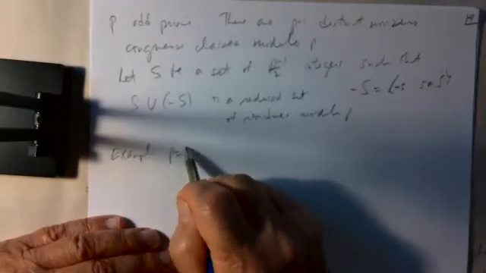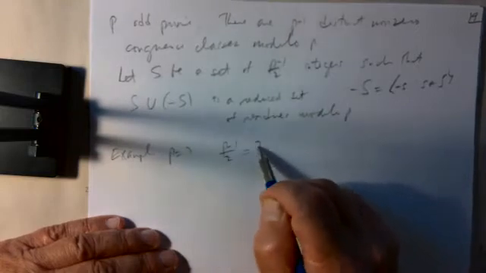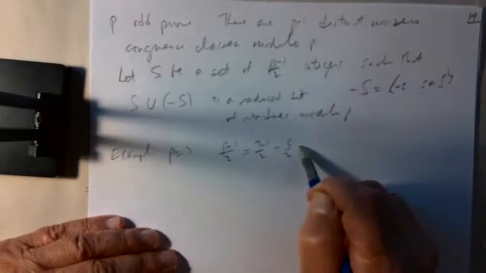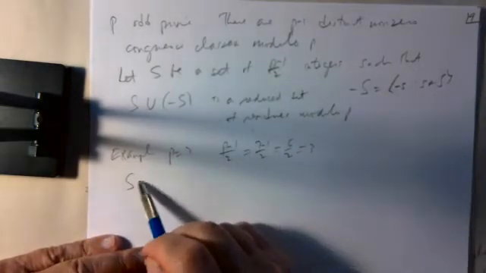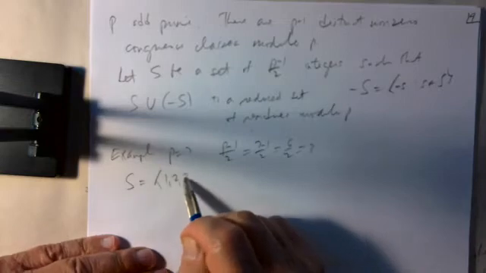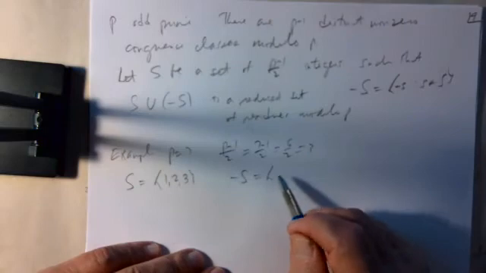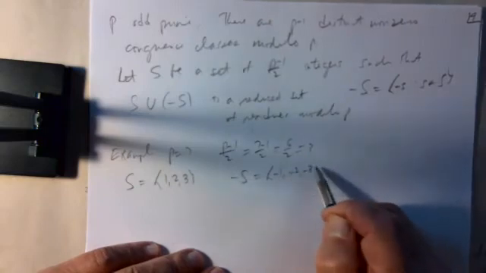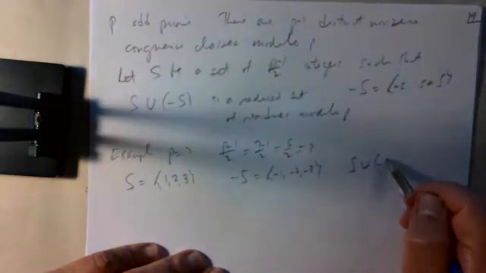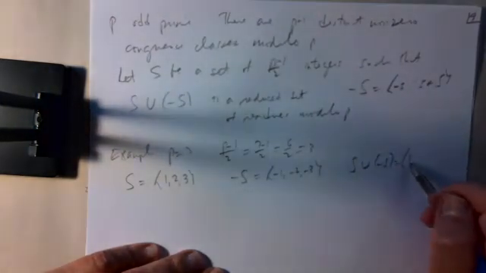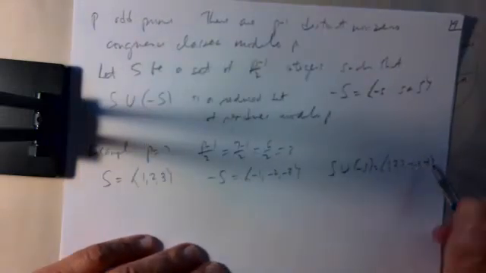So here's an example. Suppose I take p equals 7. So p minus 1 over 2, 7 minus 1 over 2, or 6 over 2, is 3. Suppose I just take S to be the set 1, 2, 3. Then minus S is the set minus 1, minus 2, minus 3, just the negatives of these. And S union minus S is the set 1, 2, 3, minus 1, minus 2, minus 3.